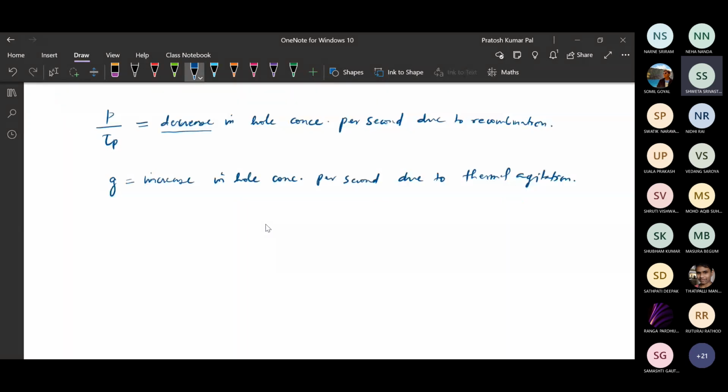Then as we know, by the law of conservation of charge, charge can neither be created nor be destroyed.